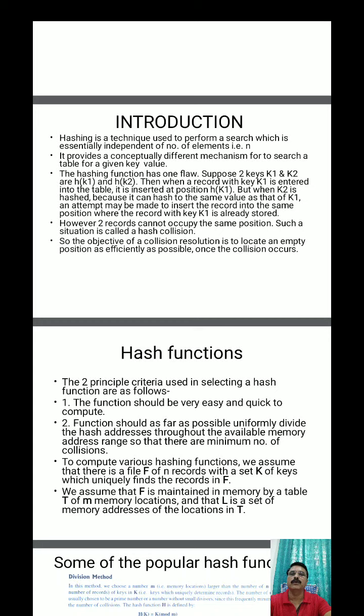However, two records cannot occupy the same position, so such a situation is called a hash collision. The objective of collision resolution is to locate an empty position or location as efficiently as possible, so that once the collision occurs, we can resolve it.